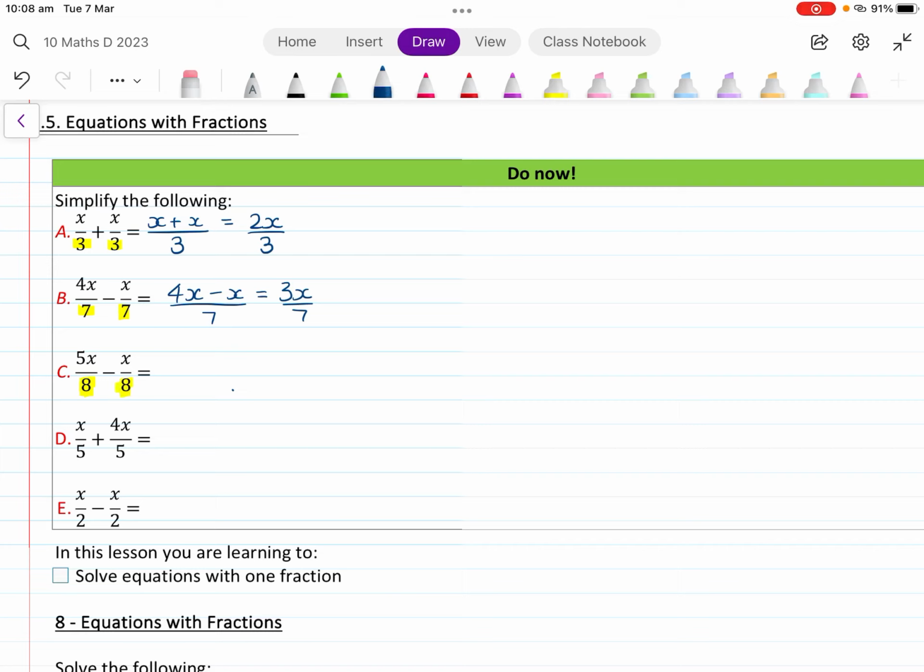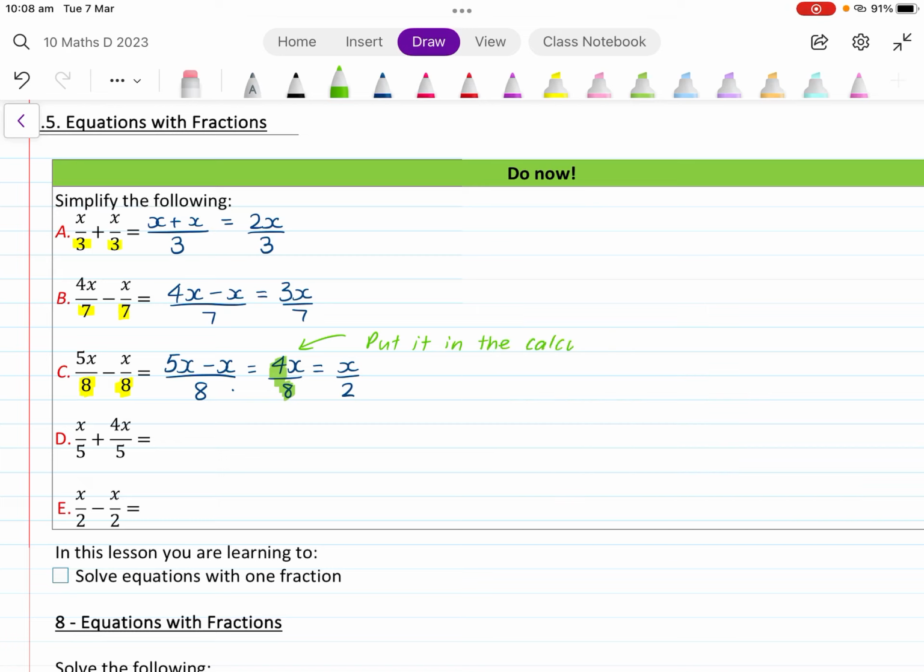Because both fractions have the same denominator of 8, we can combine the fractions to get 5x take away x over 8, which equals 4x over 8, which equals x over 2. What we need to do is put 4 over 8 into our calculator to see if we can simplify the fraction.